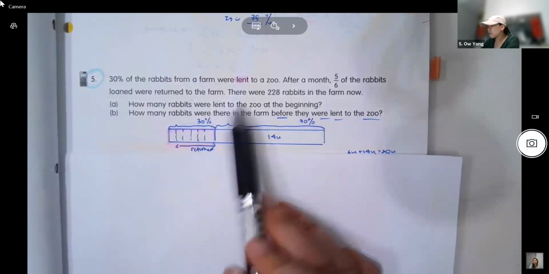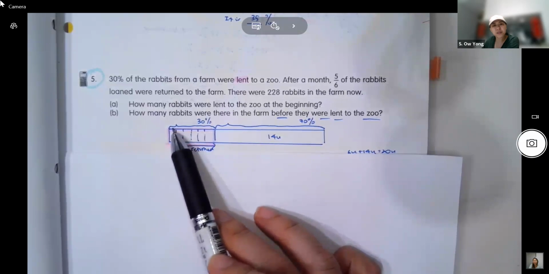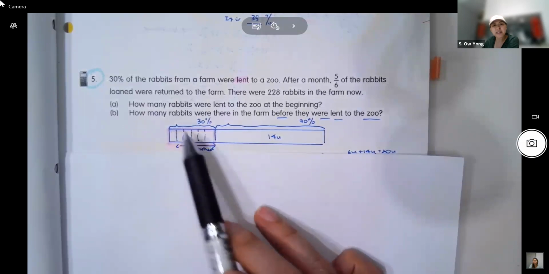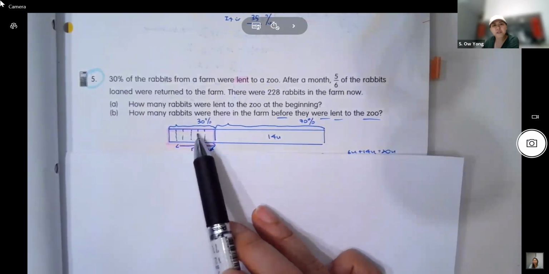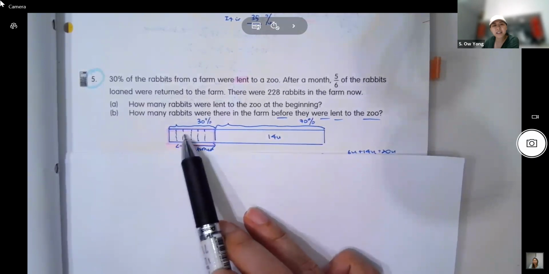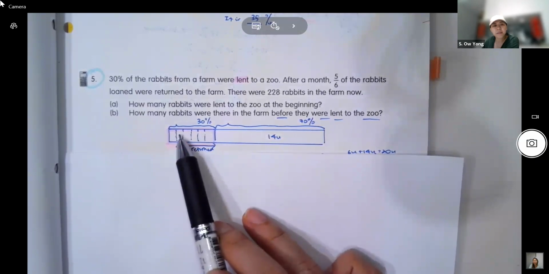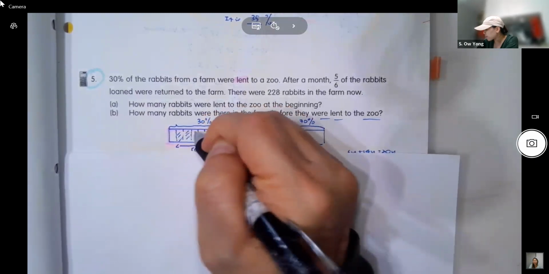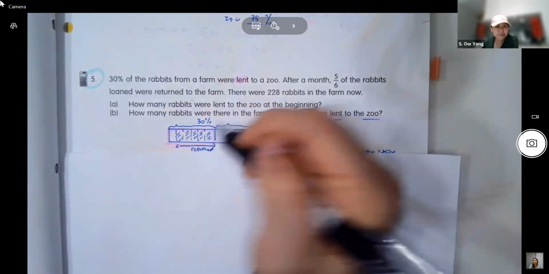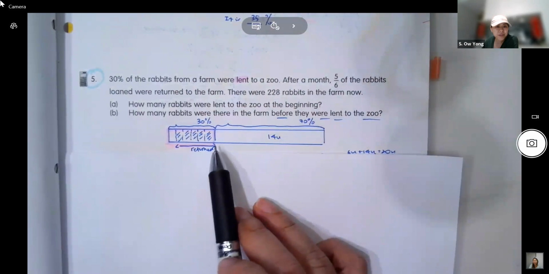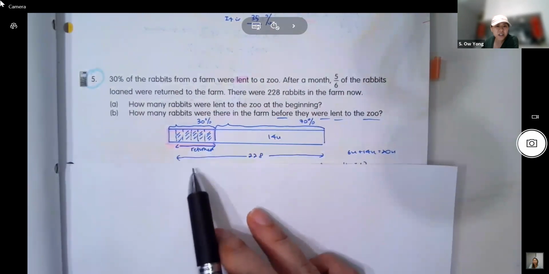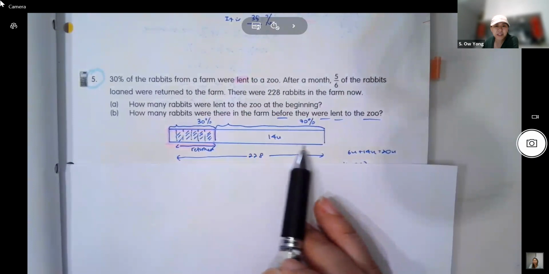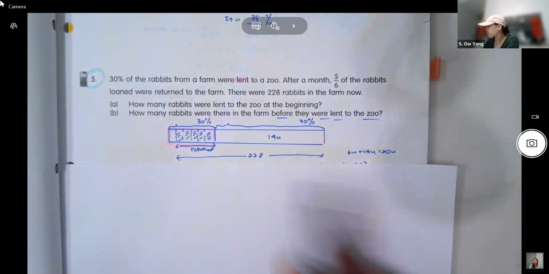Now, I use a pink highlighter to show you that of all the rabbits lent, 5 out of 6, that means I cut this into 6 units, but these 5 will return back to the farm. Then all this return plus the 70% give me 228.